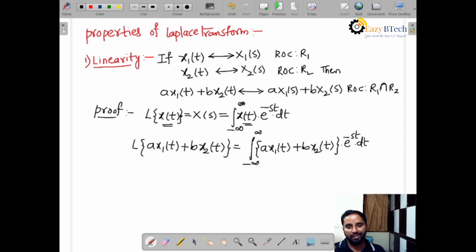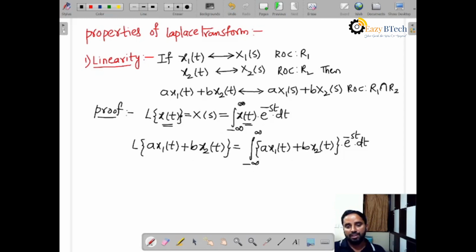Whatever the signal we are taking, I am placing in the place of the signal. Here x of t is the signal.